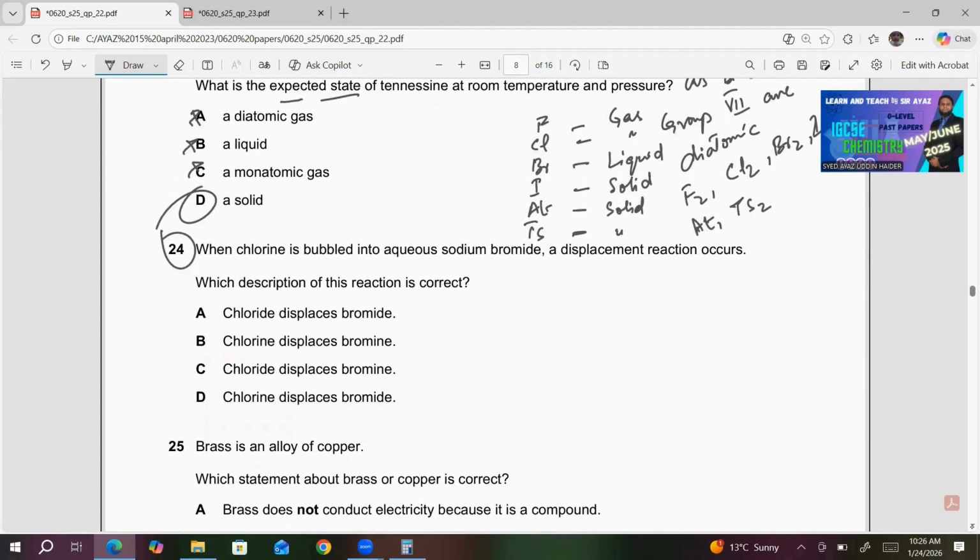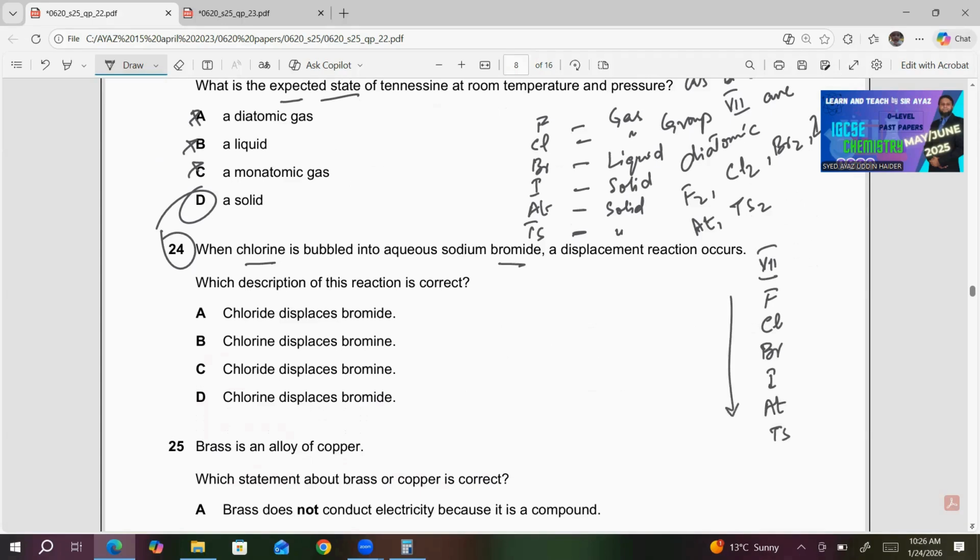24. When chlorine is bubbled into aqueous sodium bromide, a displacement reaction occurs. Which description of this reaction is correct? Now, chlorine and bromine both are group 7 elements. These are the group 7 elements: fluorine, chlorine, bromine, iodine, astatine, and tennessine. And what is the trend here?